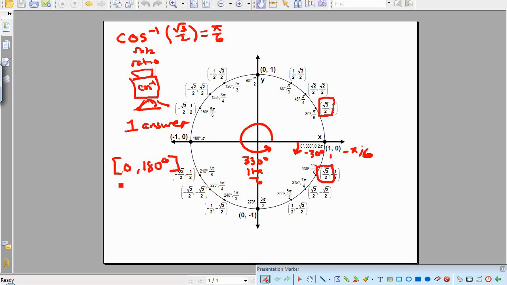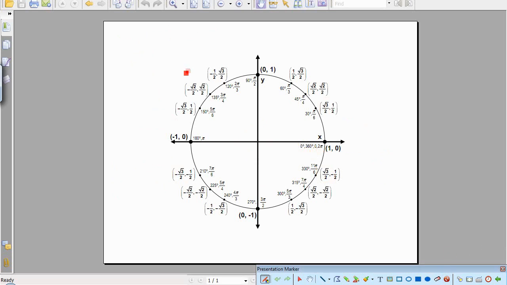But if we're doing radians, which is our focus, it would be from 0 to pi. So as much as 330 is nice and would give you a radical 3 over 2, it's bigger than 180 degrees, so we can't use that. And although negative 30 degrees is very close, it's below 0, we can't include that, and that's why you get pi over 6 as your sole answer.